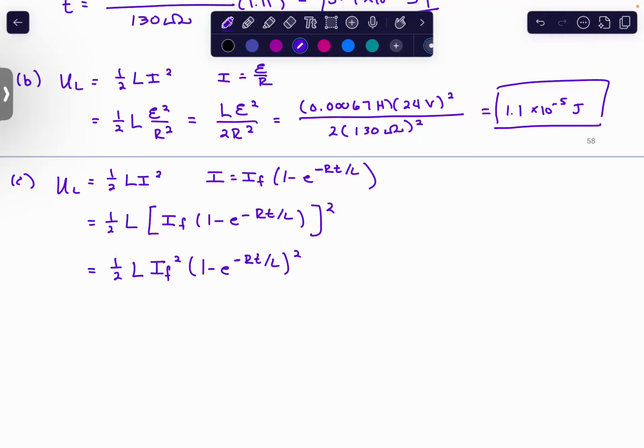What does that look like? It's going to be that final potential energy, whatever we charge to. And we're saying, what is T?